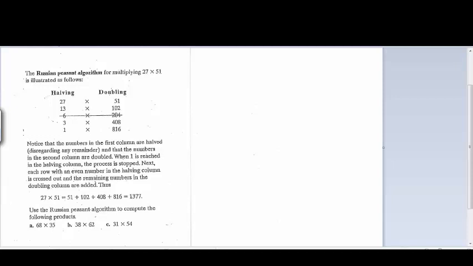Let's look at A. We're going to have the 68, and we'll double the 35.